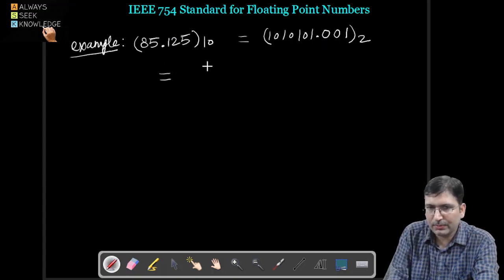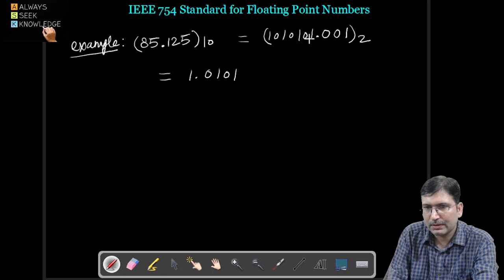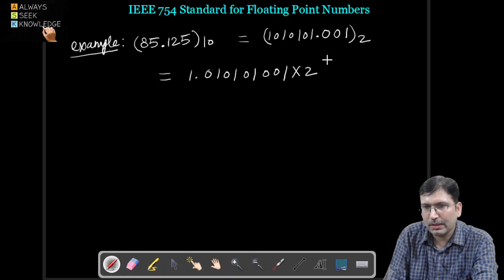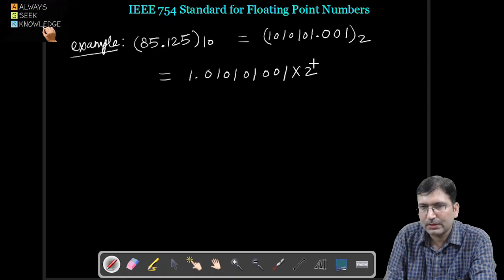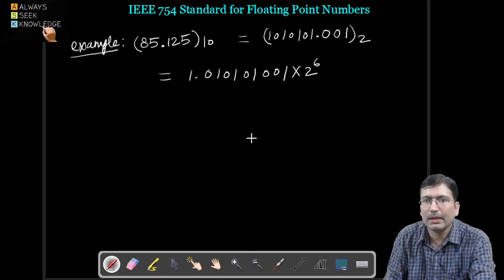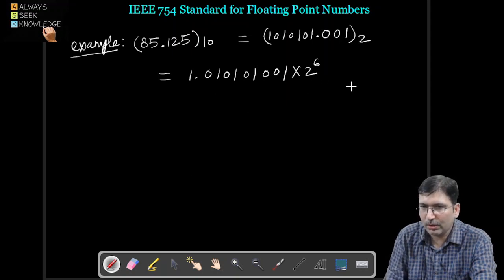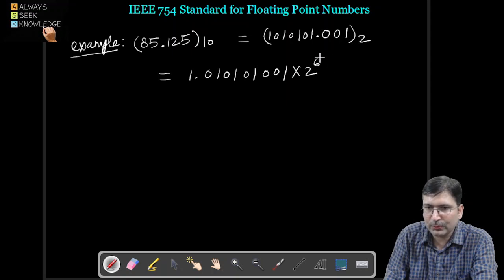In the standard form, you write this as 1.0101010001, and then 2 to the power 1 2 3 4 5 6. So this is plus 6. This is the normal form in which you write it. In that case, the value of the exponent is 6.